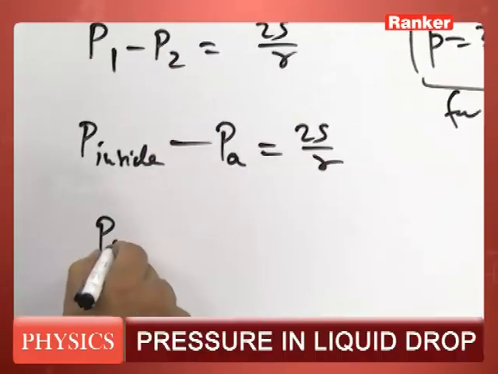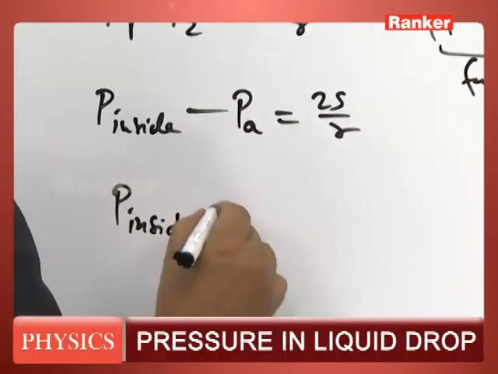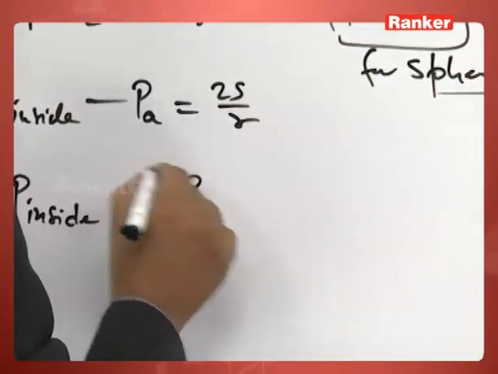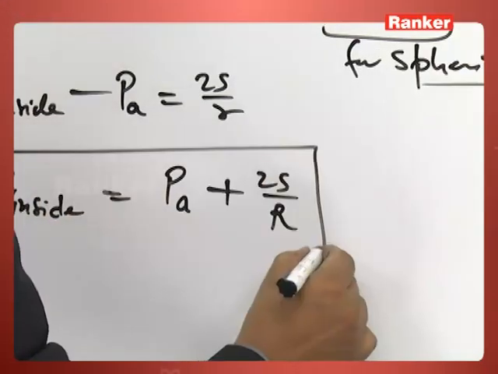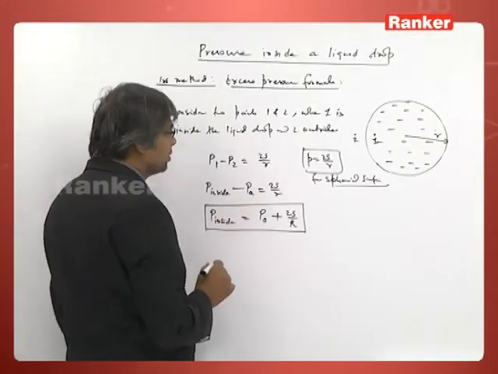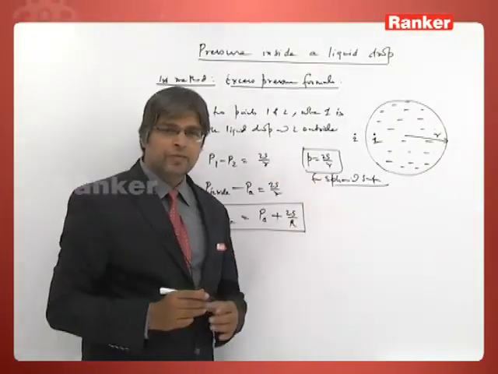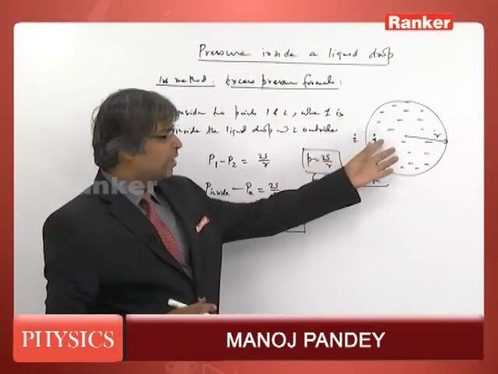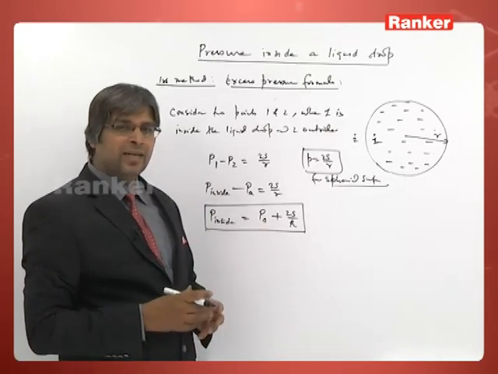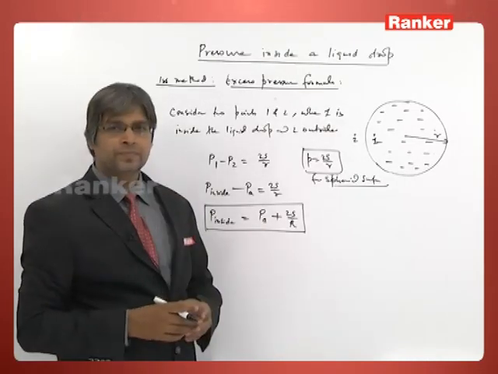So, the inside pressure is equal to atmospheric pressure plus 2S by R. Thus the excess pressure formula directly tells us the pressure inside the liquid drop.